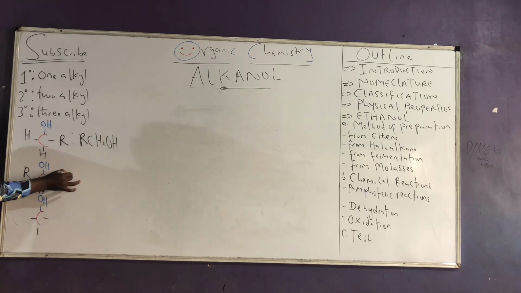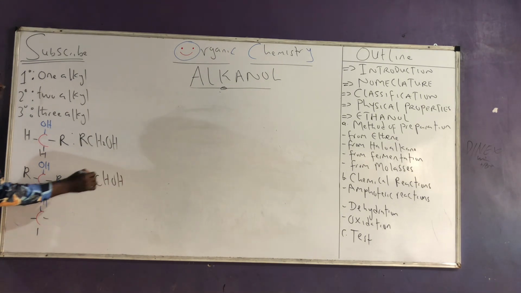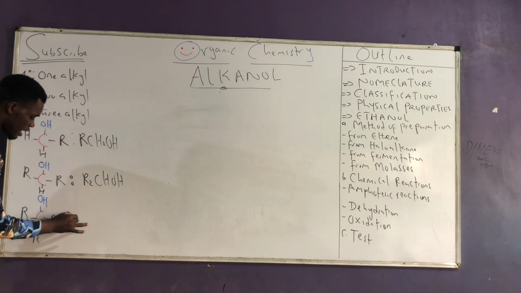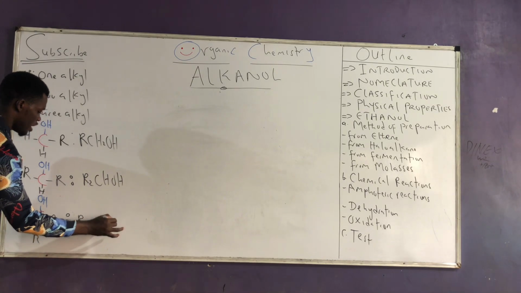So I can say that for secondary alkanols, they will generally fall into the general formula R2CHOH. For tertiary, they have three alkyl groups, 1, 2, 3, directly attached to the carbon that bears the OH functional group. So for tertiary alkanols, they will generally fall into the general formula R3COH.